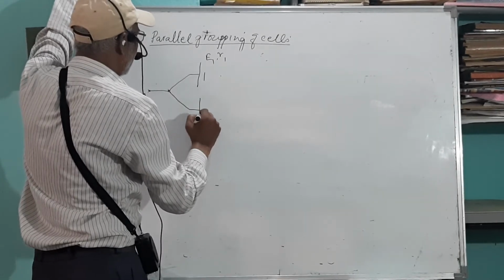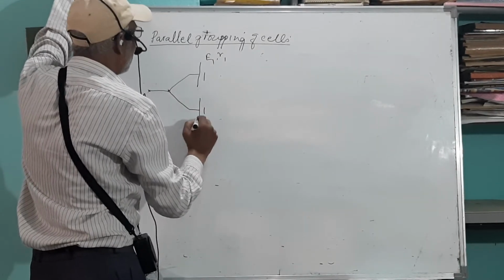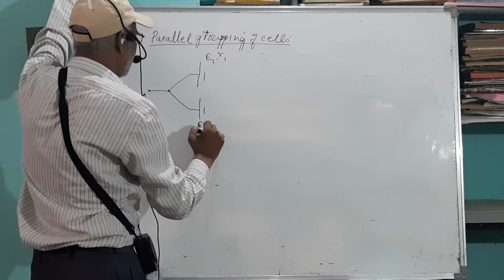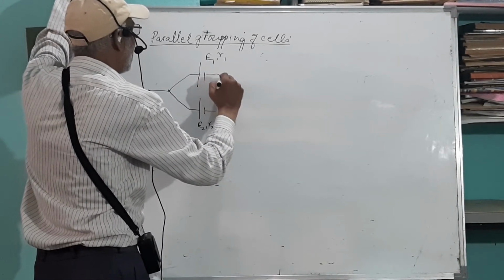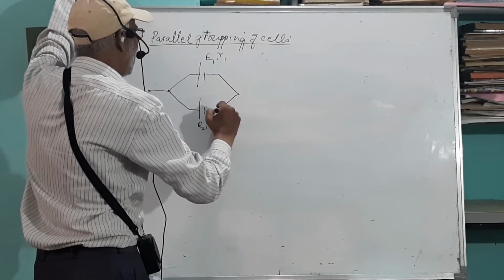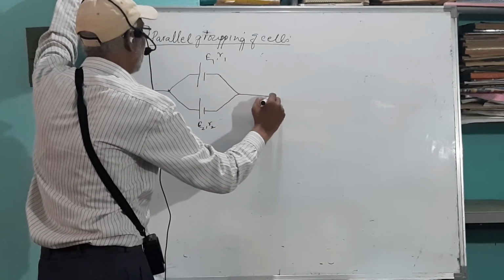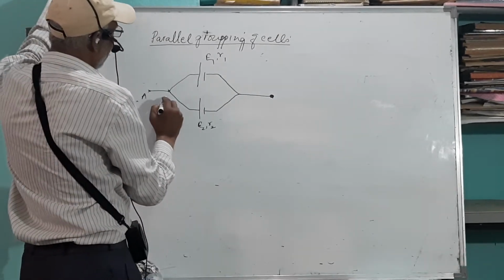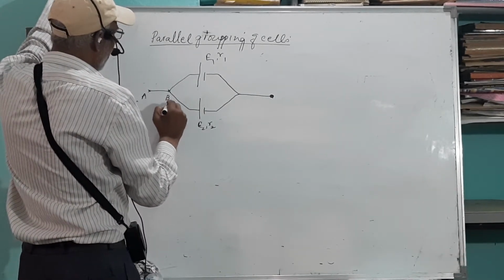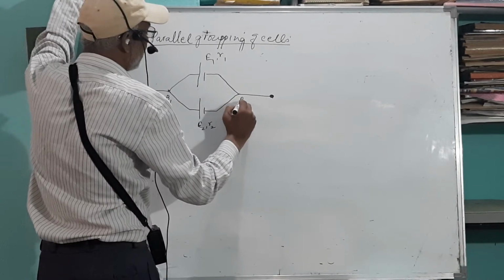This is the second cell, its EMF is E2 and internal resistance R2. So you can call these B1 and B2.